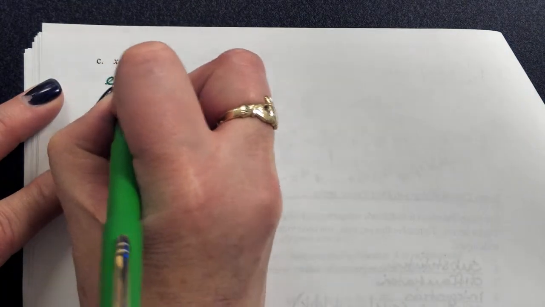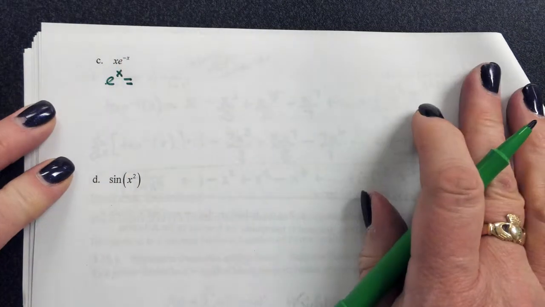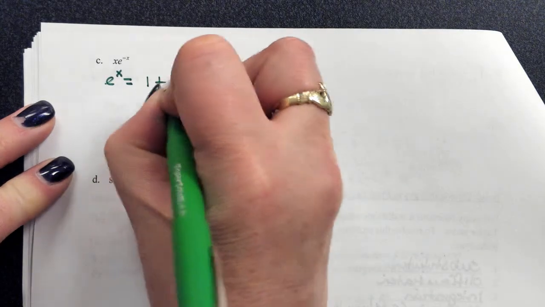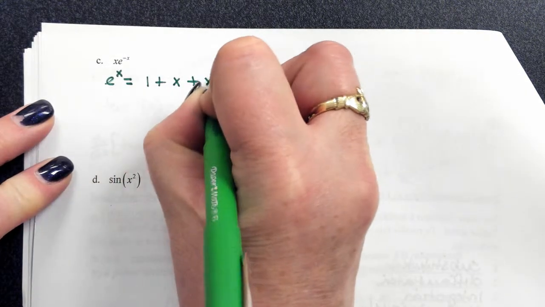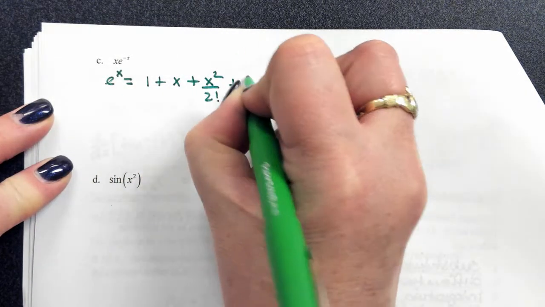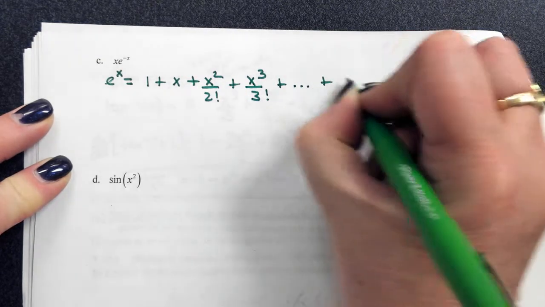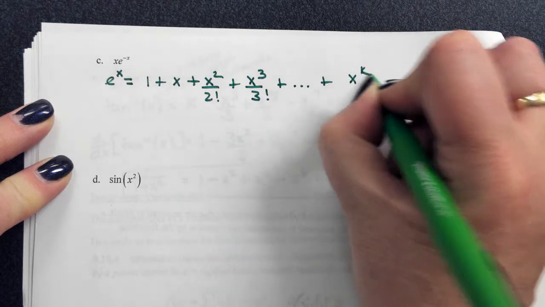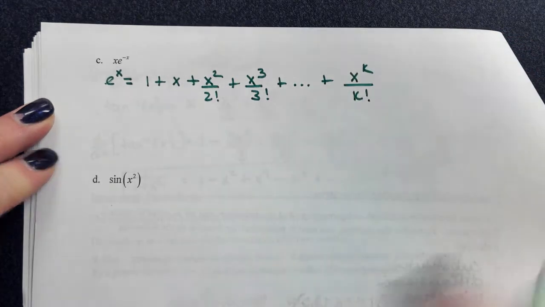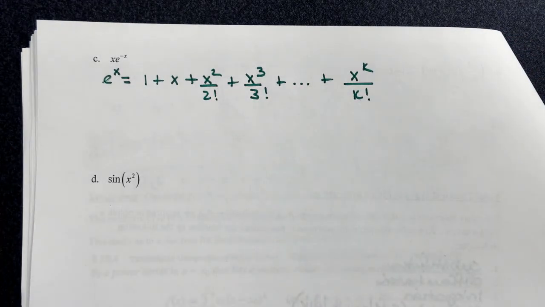So again, we know that the Maclaurin series for e to the x, like we just saw, was 1 plus x plus x squared over 2 factorial plus x to the third over 3 factorial plus dot dot dot plus x to the k over k factorial. So do your substitution first. It doesn't really matter, but I like to do this.